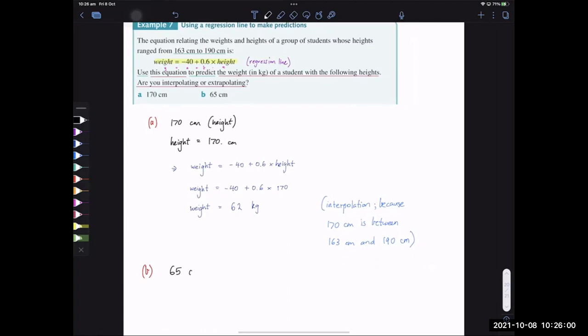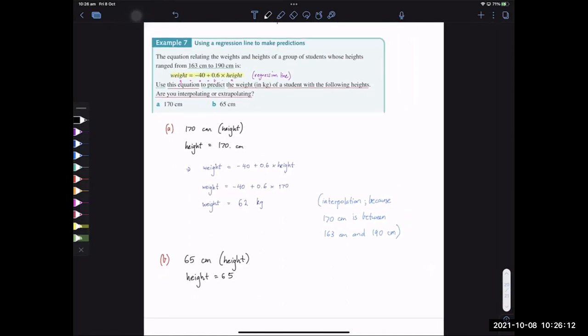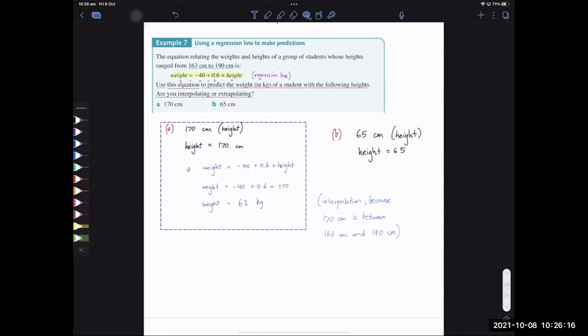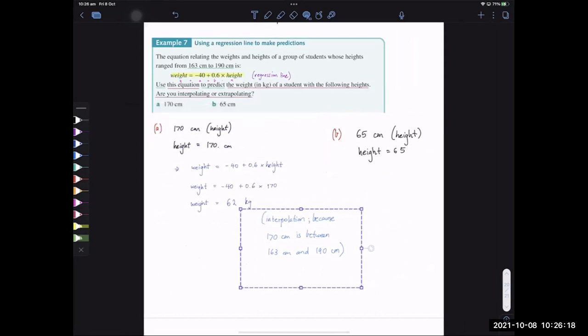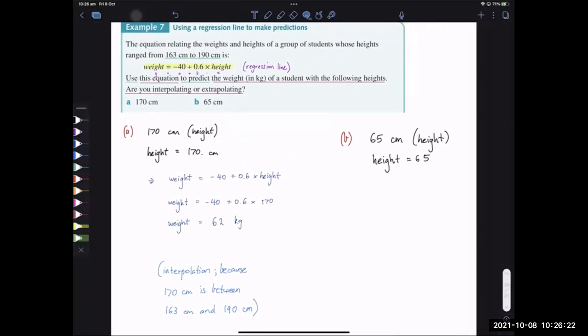65 centimeters is next. Again, this is the height. So we know that height equals 65. We can substitute that in. I might do that over here actually, just so you can see them side by side. The process is absolutely the same. So I'll do it again. First comes the formula.